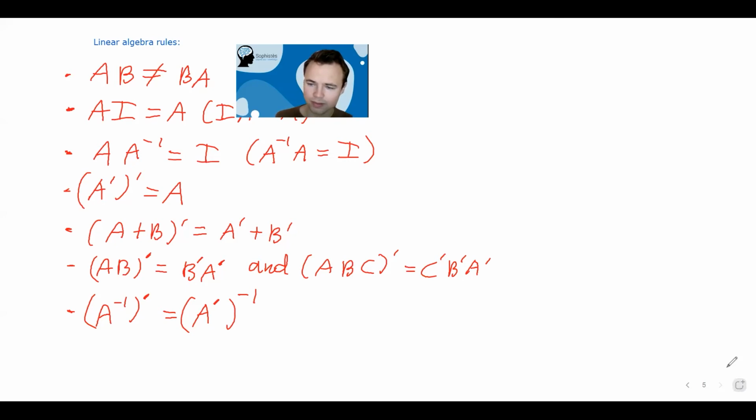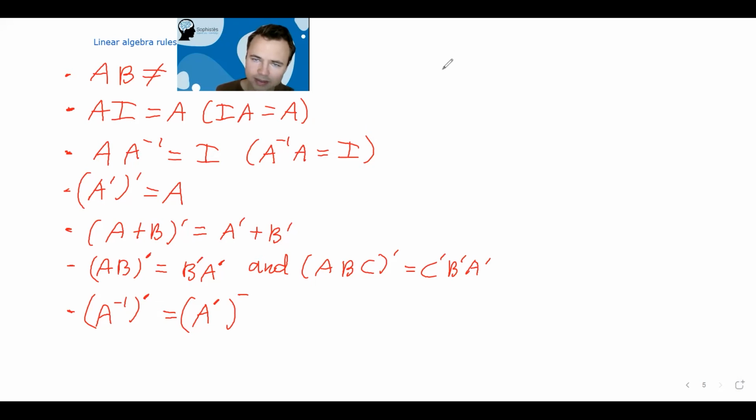So here is the example I'm going to show you. What you can, for example, have is that you have x times y is q. And you want to solve it for x.